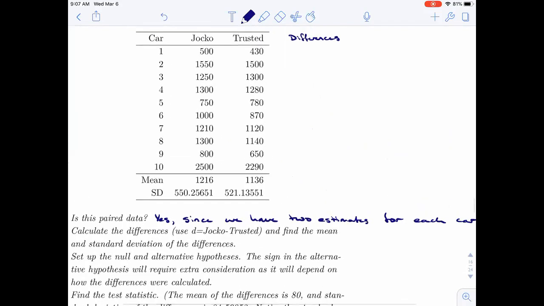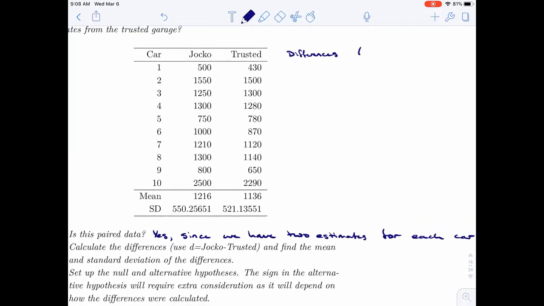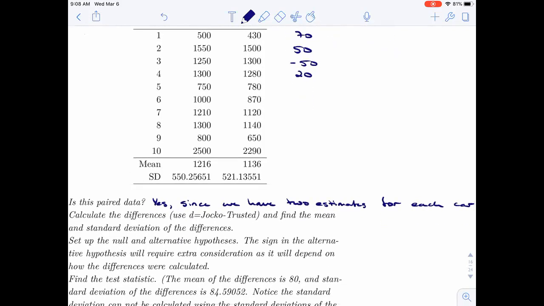So if we want to calculate the differences, Jocko minus the trusted garage, 500 minus 430, 70, 50, negative 50. I'll stop there.